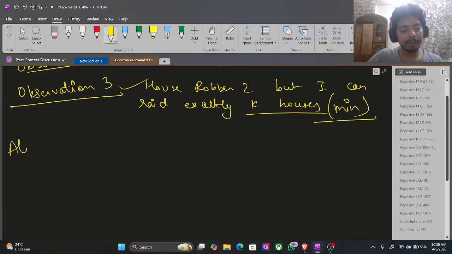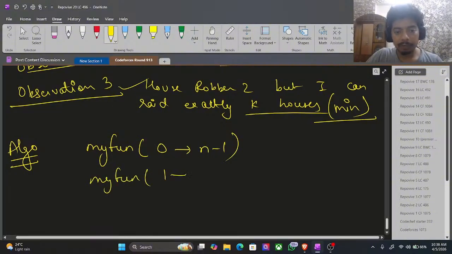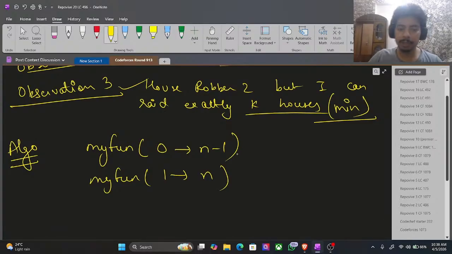Now, if these three things are clear, I can write my algorithm. How is my algorithm going to look? What we do in House Robber 2 is call the function two times. Function one runs from 0 to n minus 1, the other from 1 to n. So it starts from 0 to n minus 1 or 1 to n.